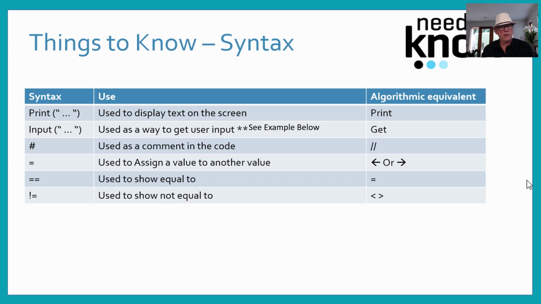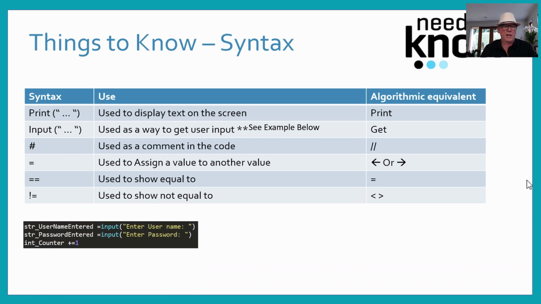Equals is used for the backwards arrow equivalent in pseudocode to assign a value to something when you're dimensioning it or defining it at the start of your program. And you need to use double equals to when you're checking if something is equal. And the not equals to is an exclamation equals, although I think you can use less than, greater than signs together like we do in Visual Basic.